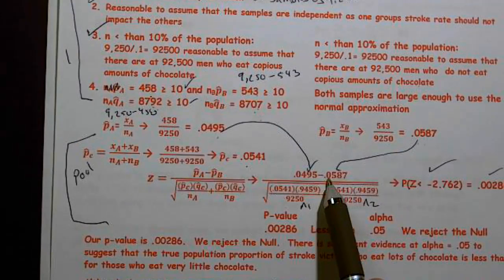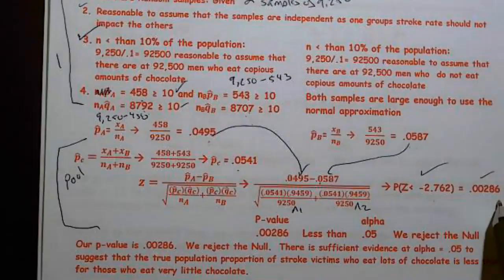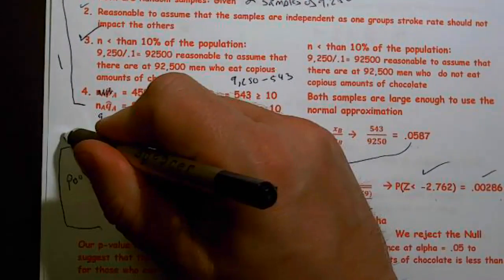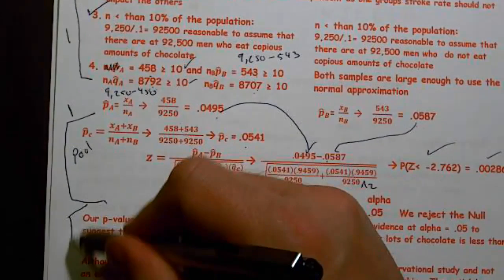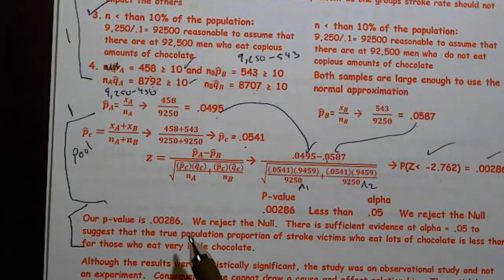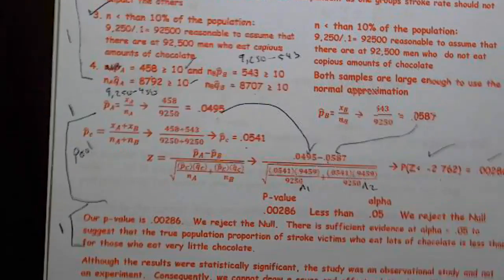You needed to fill in the equation. You needed to get z star, and you needed to calculate the correct p-value. That would get you another point. Then we have the conclusion, and the conclusion is we rejected the null and the sentence stem. That gets you the third point.